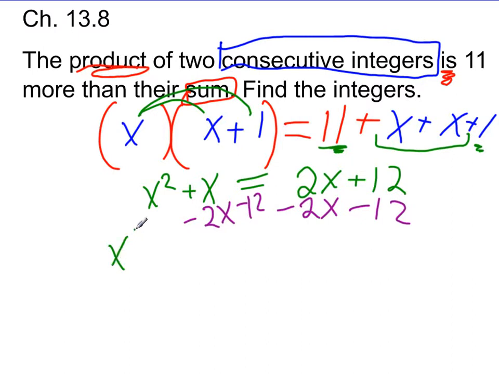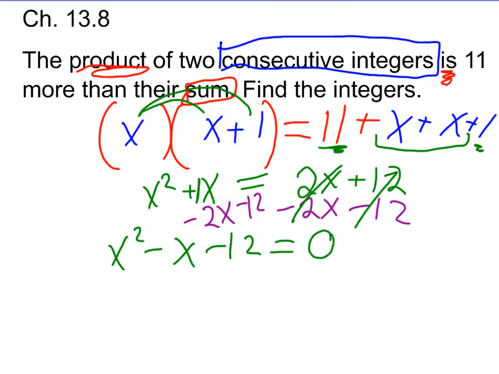Now this gives us a little bit of trouble. So we have x squared, we have plus 1x minus 2x, which is negative x. And then we still have minus 12, which we can't combine with anything because they're not like terms. Now on the other side, we've essentially gotten rid of everything. We don't just write nothing, we have to write 0.